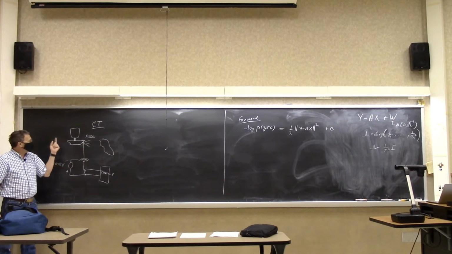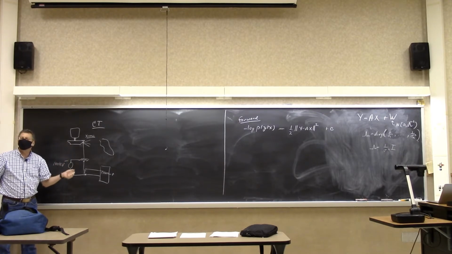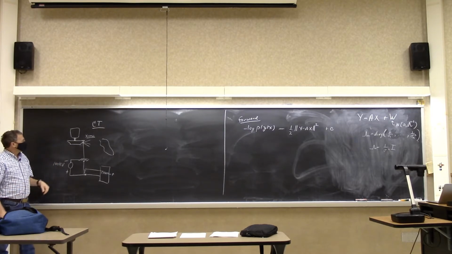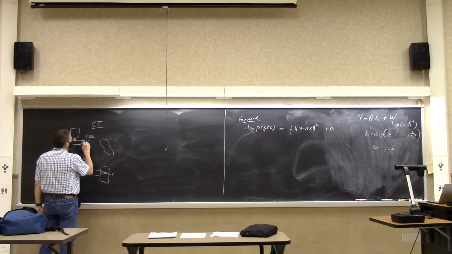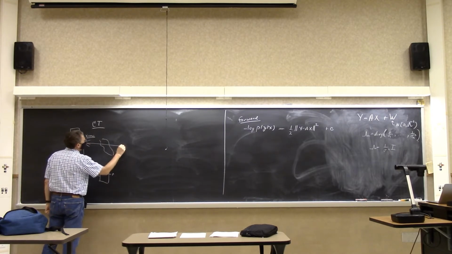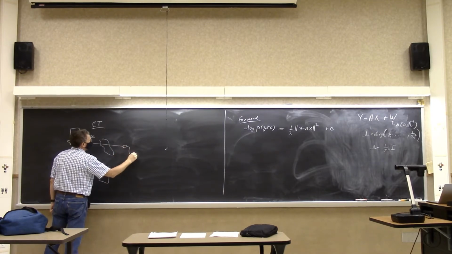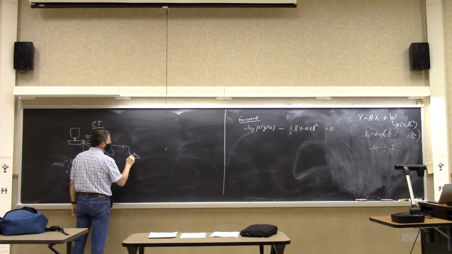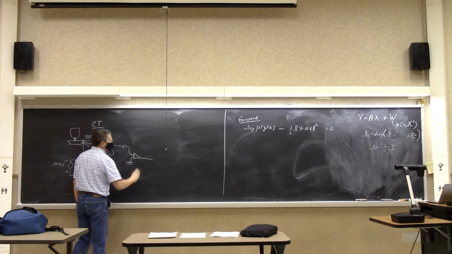They have a motor because if they don't spin that, the electron beam will just drill a hole through the thing. So they have to do that in order to get an intense enough X-ray source. The X-rays come out, and then they go through this, and then there's a detector, and you measure it.